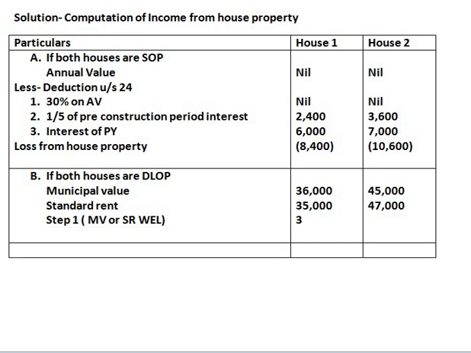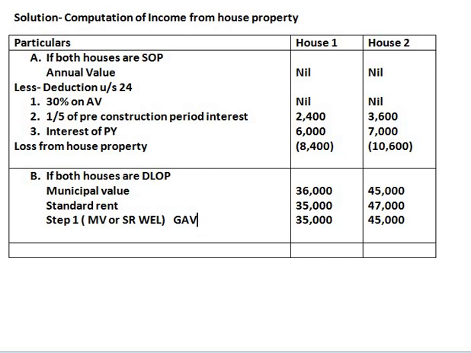Here 35,000 is the lesser amount and for house 2, 45,000. Now this value itself is known as gross annual value because you are not given any unrealized rent in the sum. Therefore this answer itself is gross annual value or expected rental value.